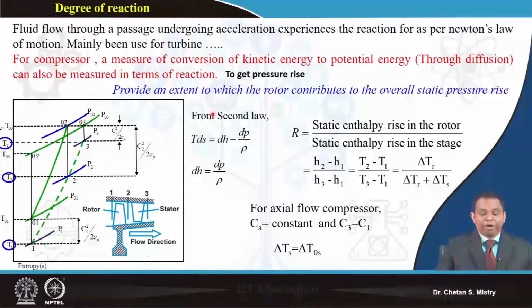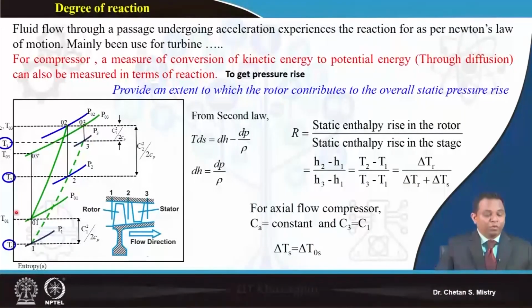From the second law we can say TdS equals dH minus VdP, that is, dP by rho. If we consider the compression process to be isentropic, enthalpy and pressure are related.